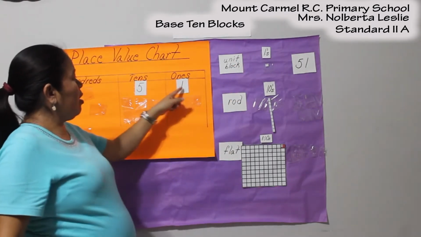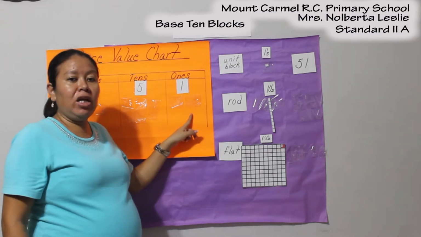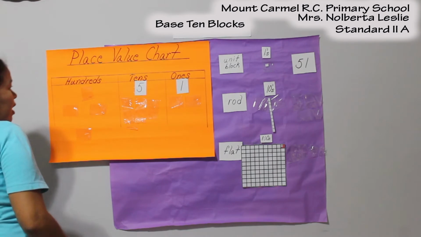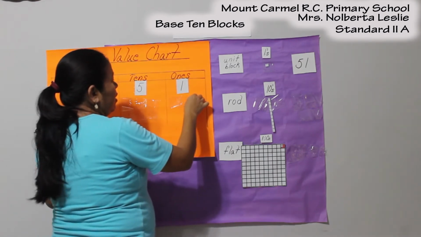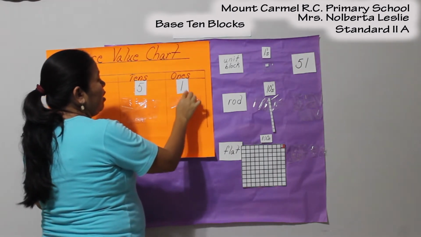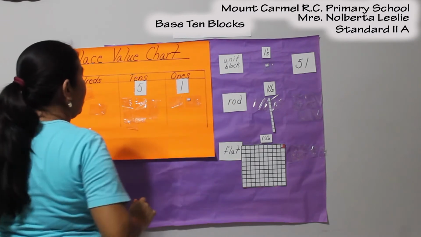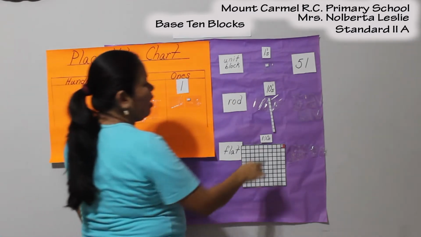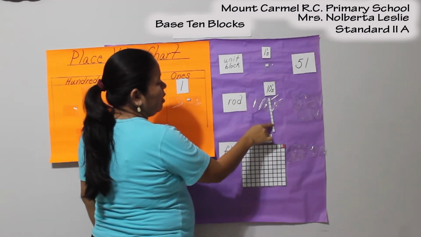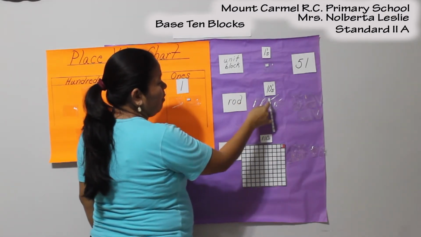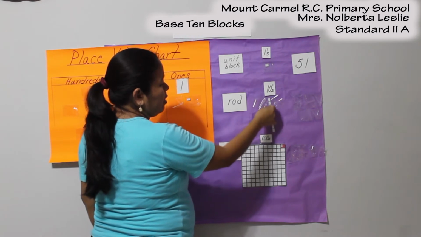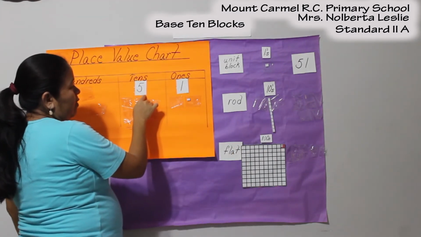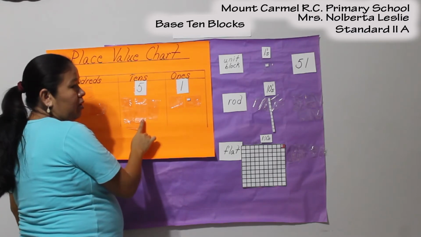So how many unit blocks will I put here? I will only need 1. So I'm going to put this here, and that is representing 1 unit block. Now for the tens, remember, if you can recall, how many unit blocks make up a rod? How many is here? 10, right? So how many will I need here under the tens?